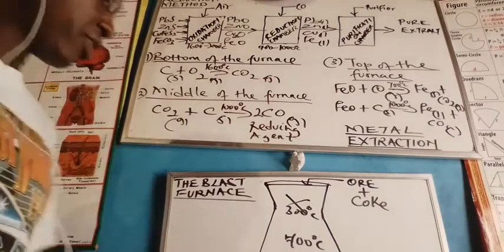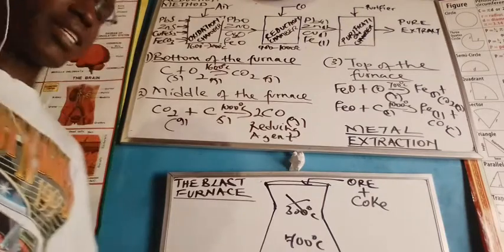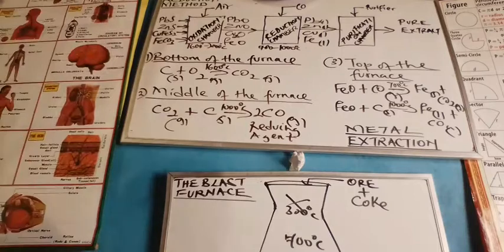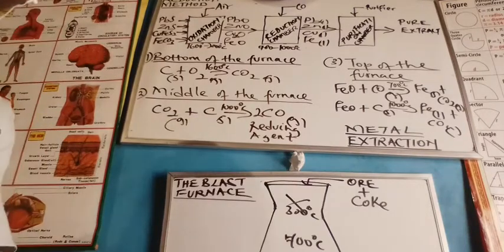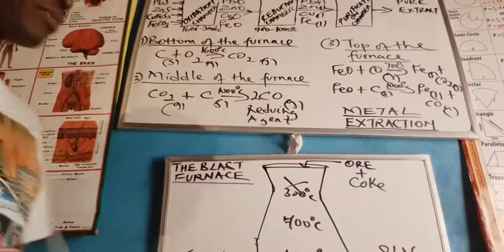Therefore, the reduction method of metal extraction is aimed at extracting the less reactive metals, namely zinc, lead, iron, and copper. So that's a brief description of what happens during the reduction method for metal extraction. Thank you.